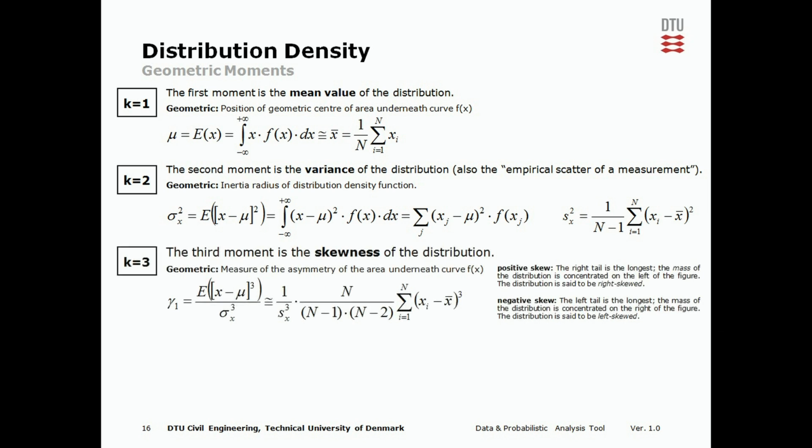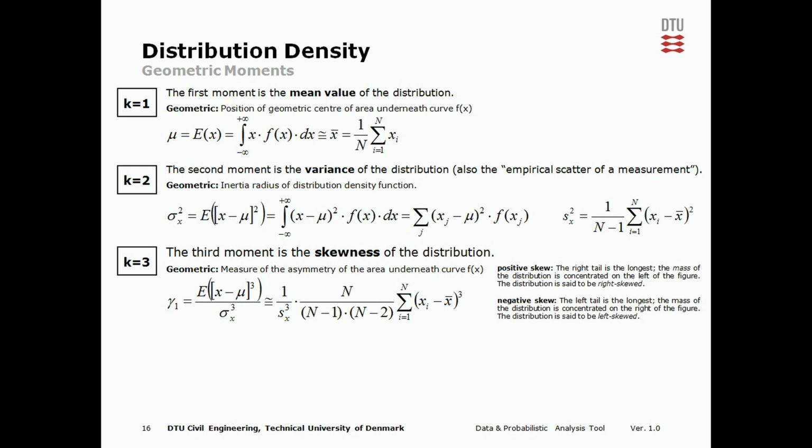Third, we can use again the variation of the individual data points to the mean value, but we now have the power of 3 of these differences, and this allows us to estimate the skewness of the distribution, of the density shape. If this value would be negative, we would have a distribution which leans to the left side in our graph.